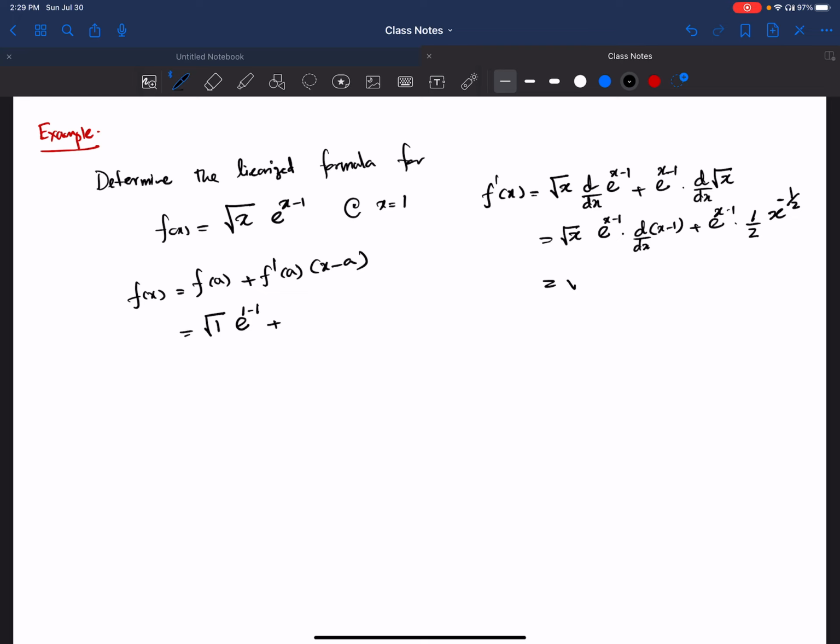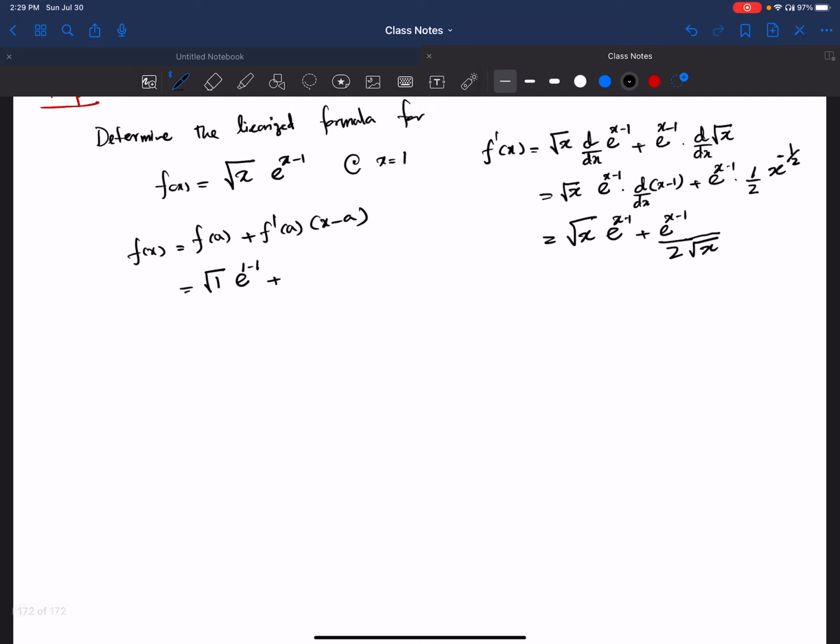So this is square root of x e to the power x minus 1 times 1 plus e to the power x minus 1 times half square root of x.